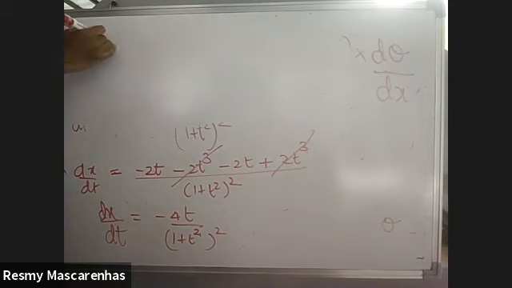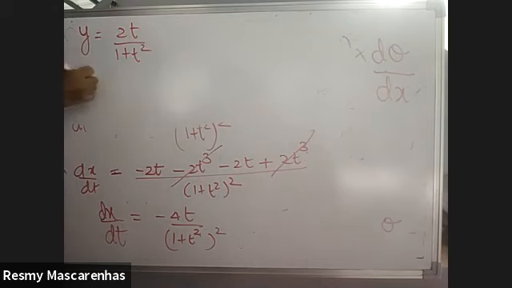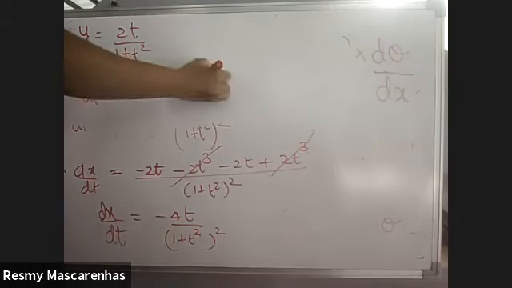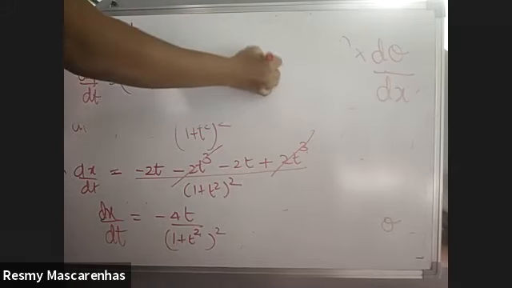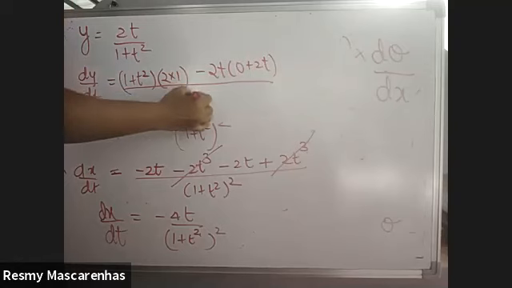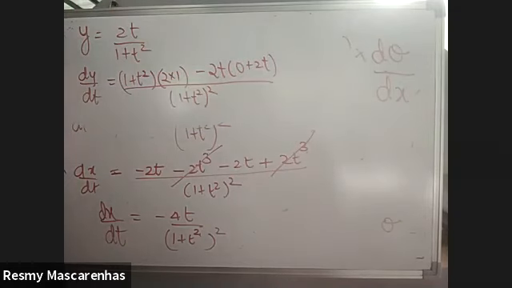So y is 2t. So dy upon dt, I differentiate with respect to t. So v into derivative of u. 2 is anyways coefficient. Derivative of 2t will be 1. You can directly write it as 2 also. Minus v into derivative of u upon v square.